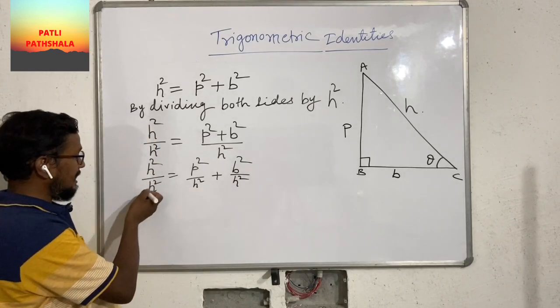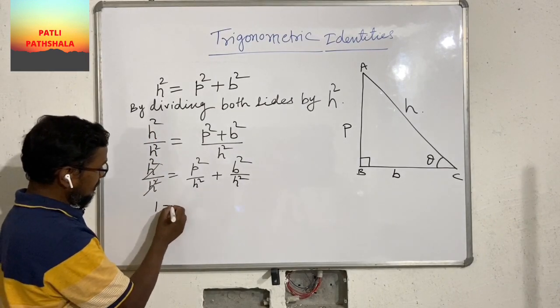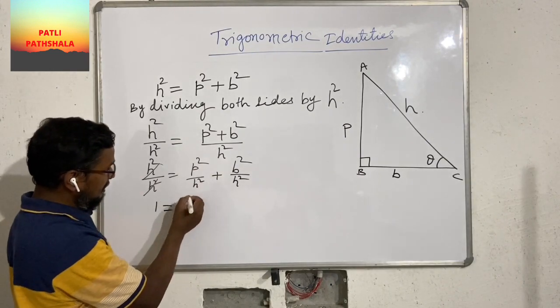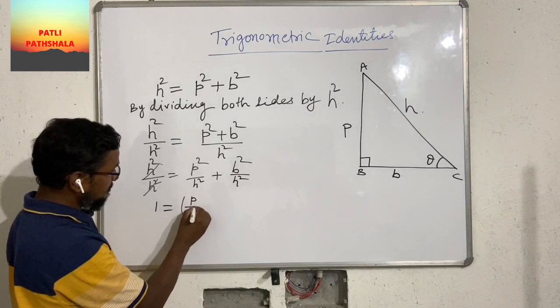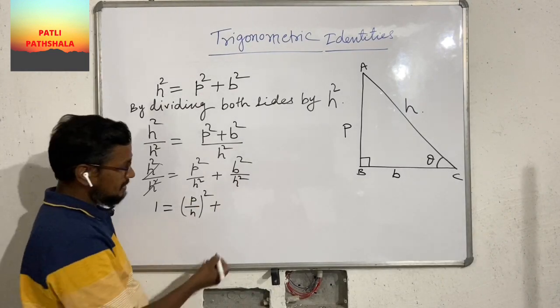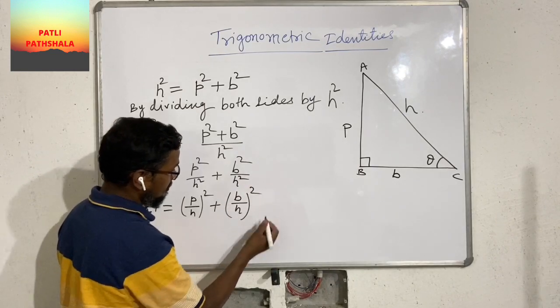Now h square and h square cancelled out, so here it is 1, and now on right side we have p square by h square, that can be written as p by h whole square, plus b square by h square can be written as b by h whole square.